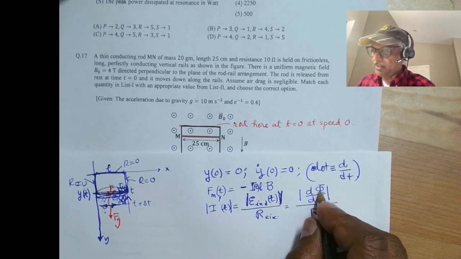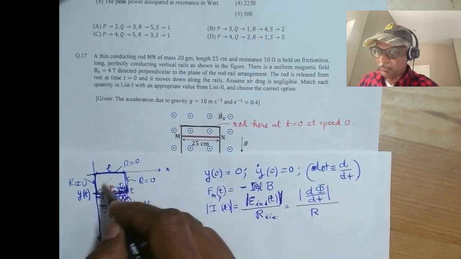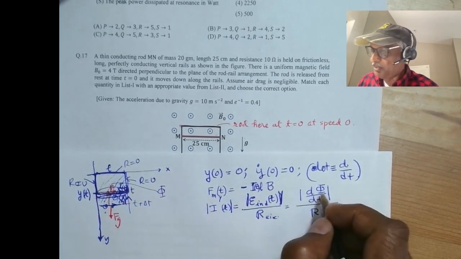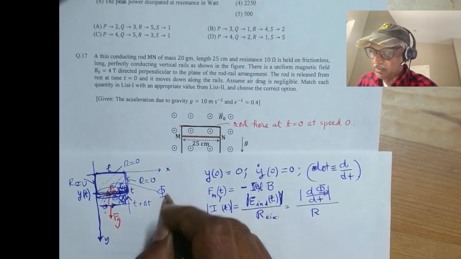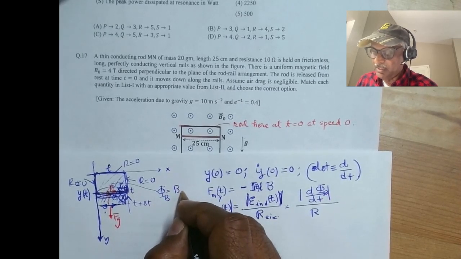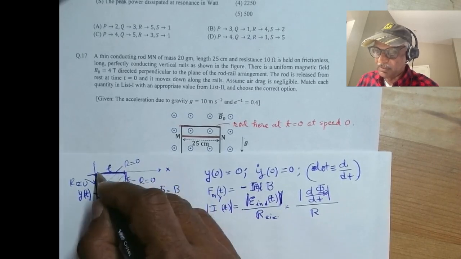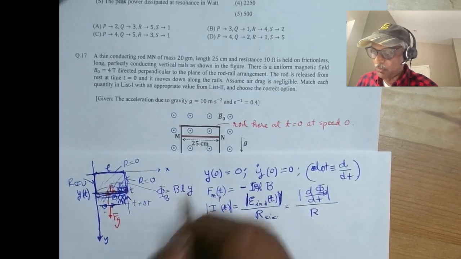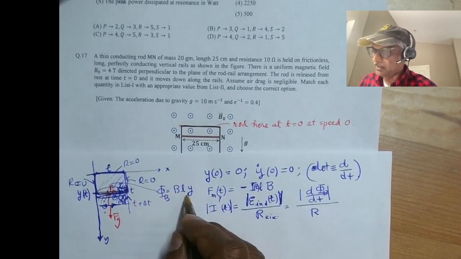And what is phi? Phi is the flux of the B field through this loop, which is going to be B times L times y. So that's the flux.